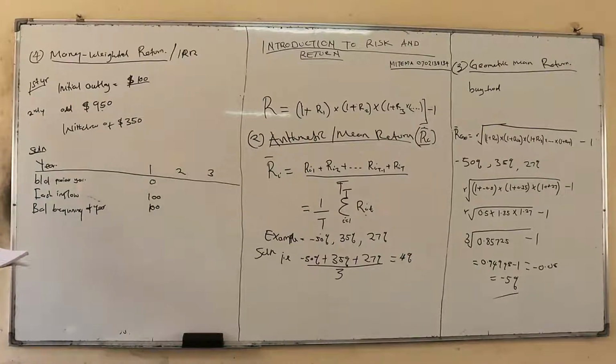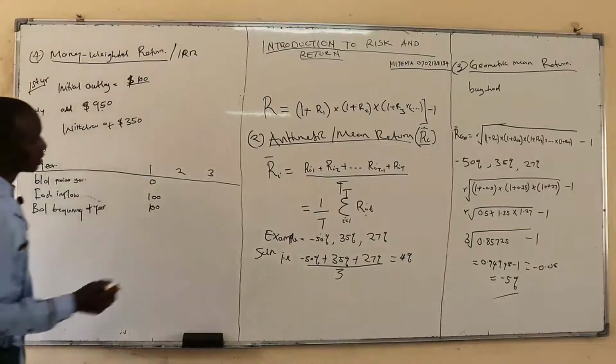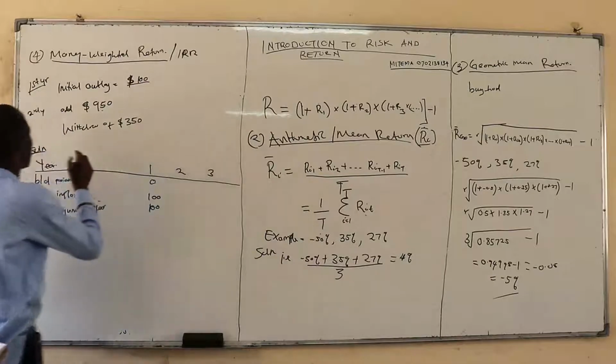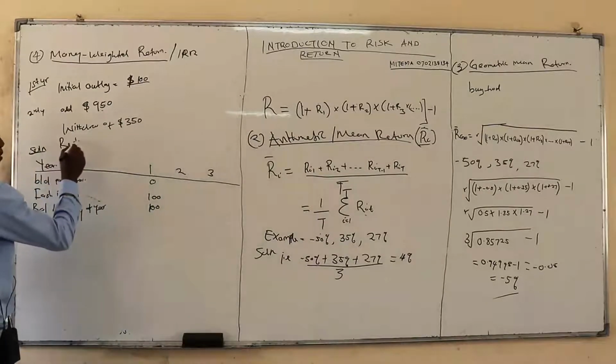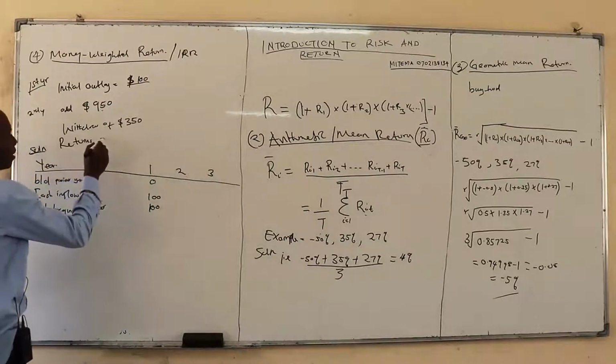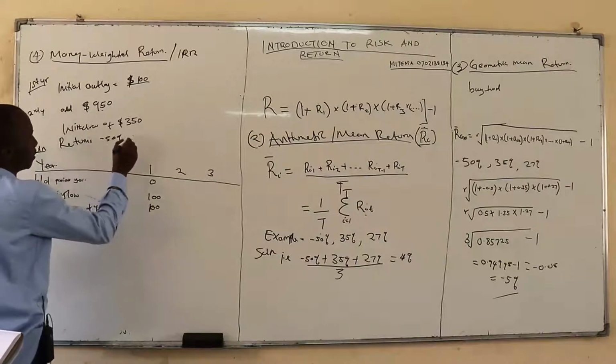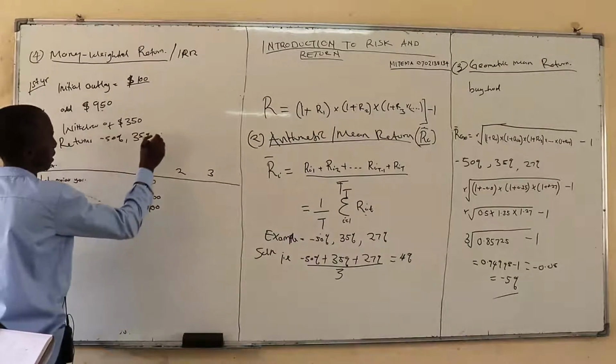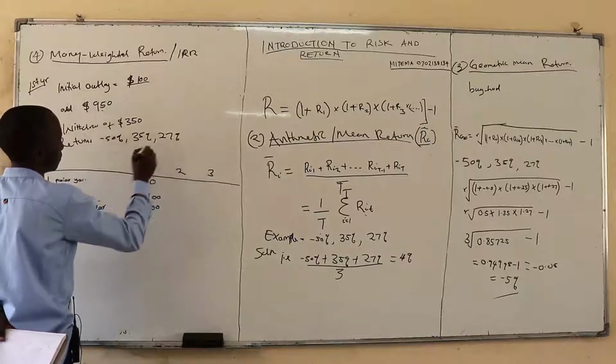Now we have been given that we are going to use the investment returns of the previous examples we used. These returns were 50%, so here you have the returns: minus 50%, 35% and 27%. This is the first year and the third year.